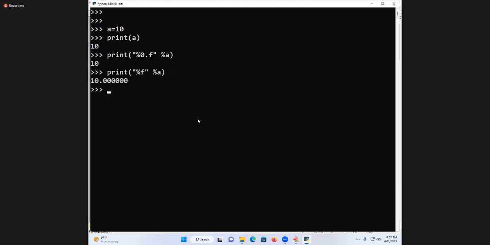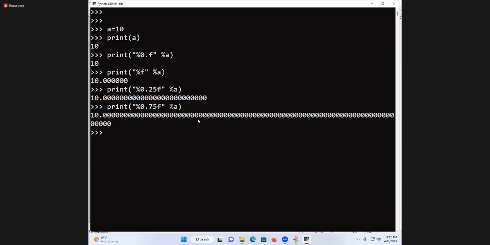I mean percentage of 10 point, after that 6 zeros printed. Even after that, if I say 25 digits, it is also printed 10.000 only. So it never loses its integrity, its correctness. I'll say 75 also. It never loses its integrity. 10 is 10 only.